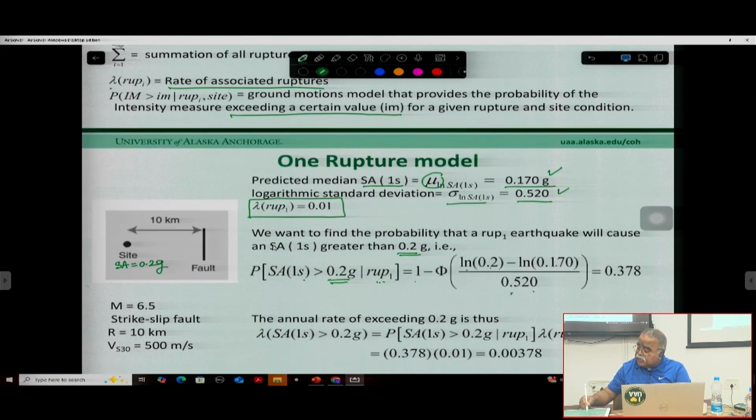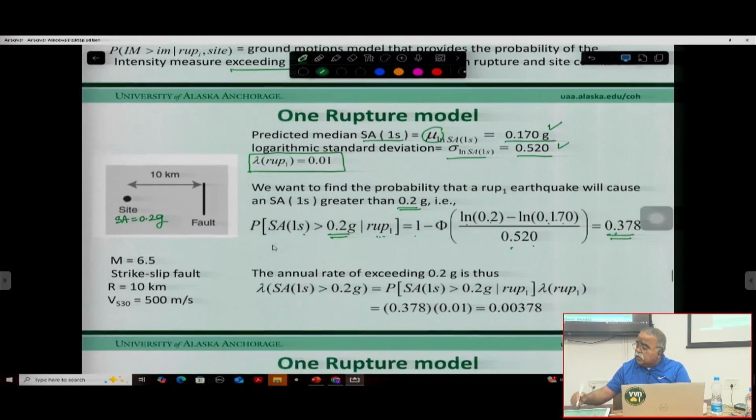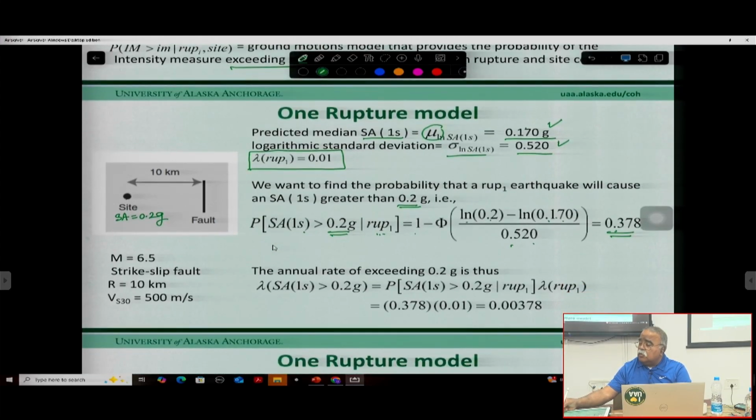So ln x is ln 0.2, minus ln mu, where mu is 0.170, divided by sigma ln SA, which is 0.520. Calculate this and it will be equal to 0.378.